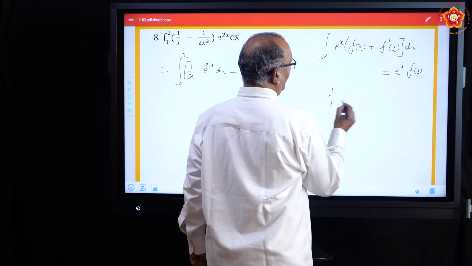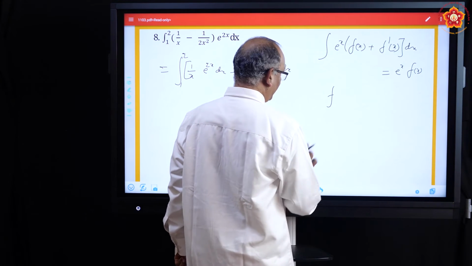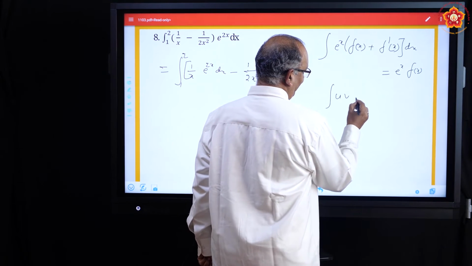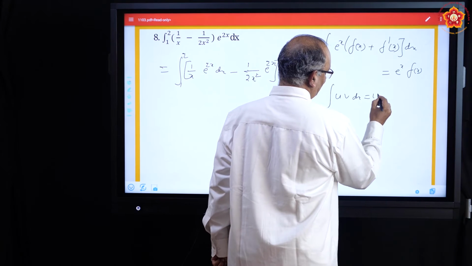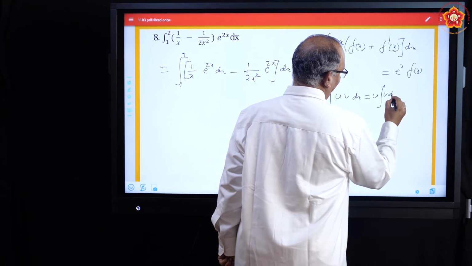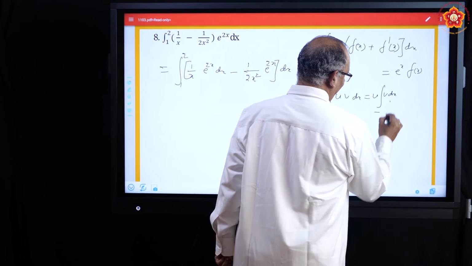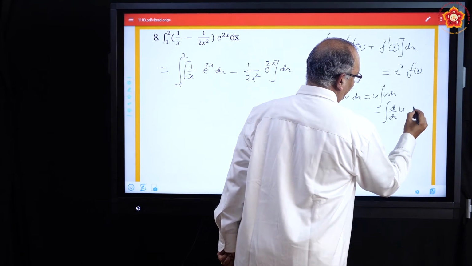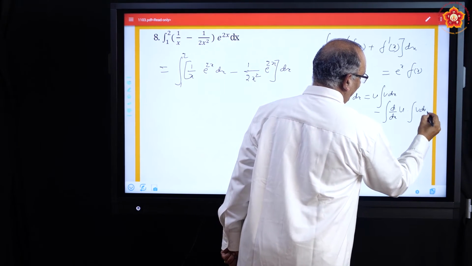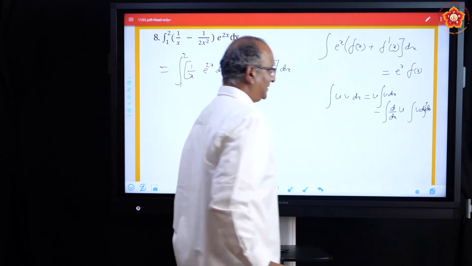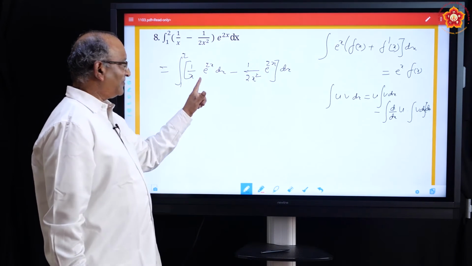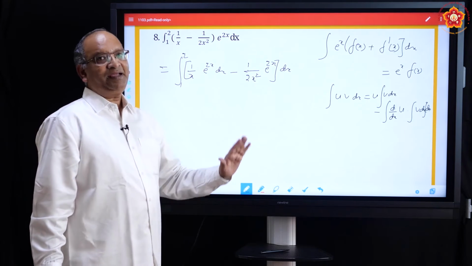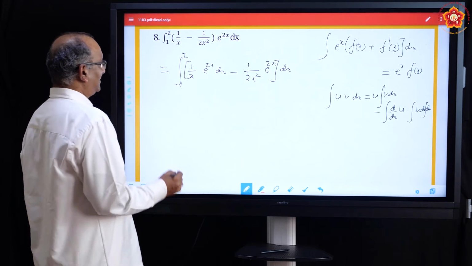Integral of u into v dx equal to first function integral of second minus integral of d dx of first into integral of second, and then whole integral. This formula we need to apply in the first case. Don't do anything to the second case because it will automatically get cancelled. So let us do that.